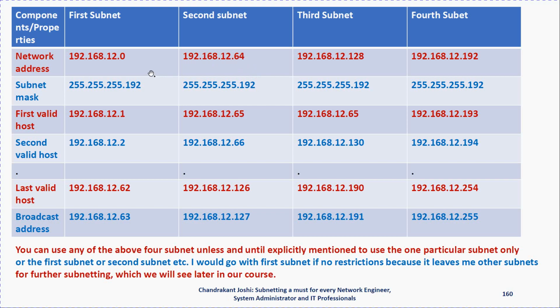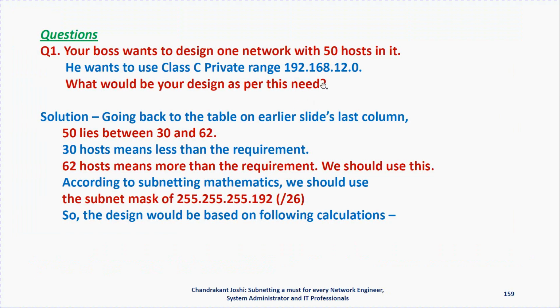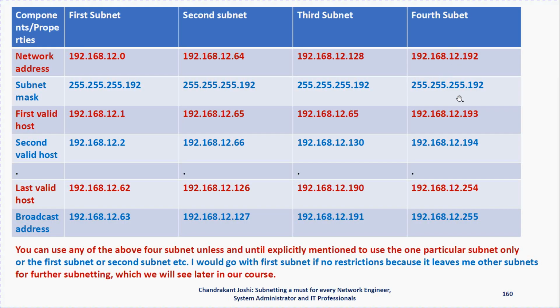So we have to be extra cautious. Although it is 12.0, if it has not mentioned exactly which particular subnet, we stick with the first subnet. Sometimes it will say it is 12.0, but it is the fourth subnet, so it would be this one. In that case your subnet would be 192.168.12.192 and the broadcast would be this.